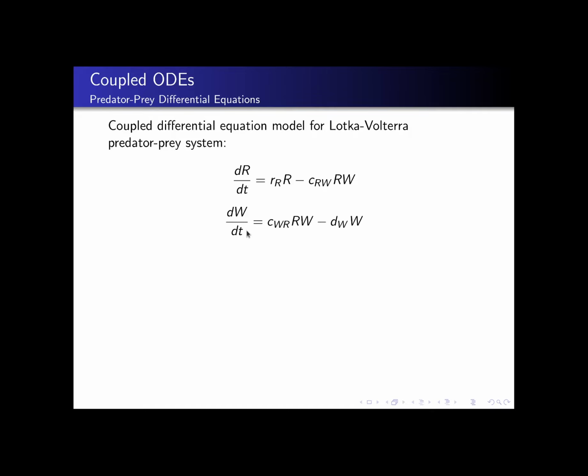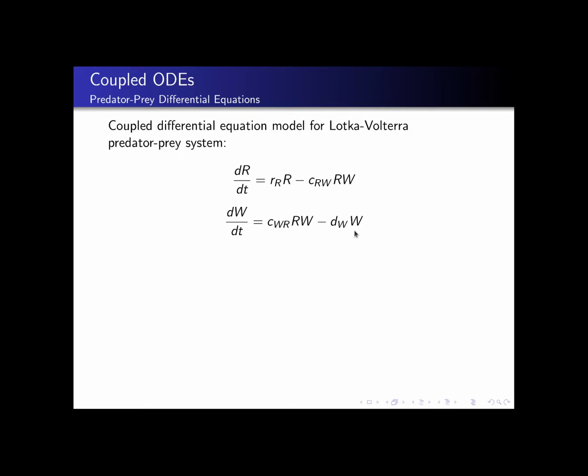Okay, and similarly, the wolves will grow if they have enough rabbits to eat, and so how quickly they can eat efficiently, they can convert the rabbits into wolves by eating them, and their natural death rate.